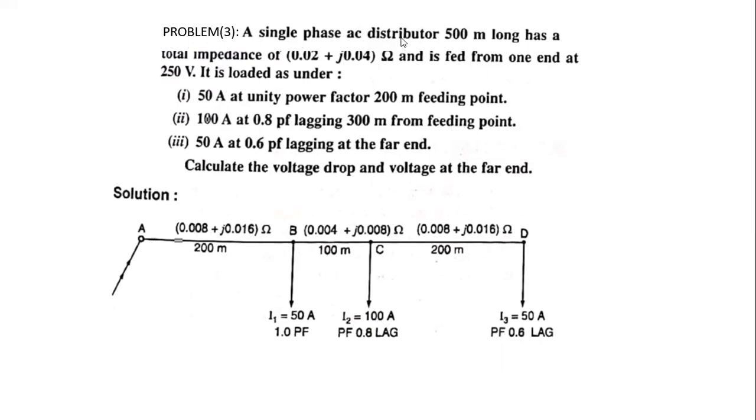The feeding point is A. Therefore, the total distance from A to C is 300 meters. Then B to C is 300 minus 200, that is 100 meters.